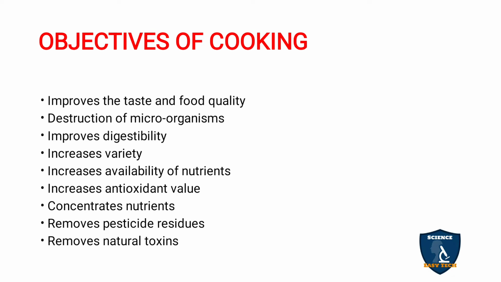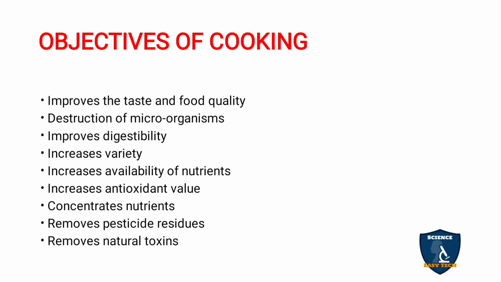Many items you can have. It also increases availability of nutrients. Once you cook the food, meat becomes tender and easy for digestion. The proteins become very easily digestible by the body when they undergo cooking.